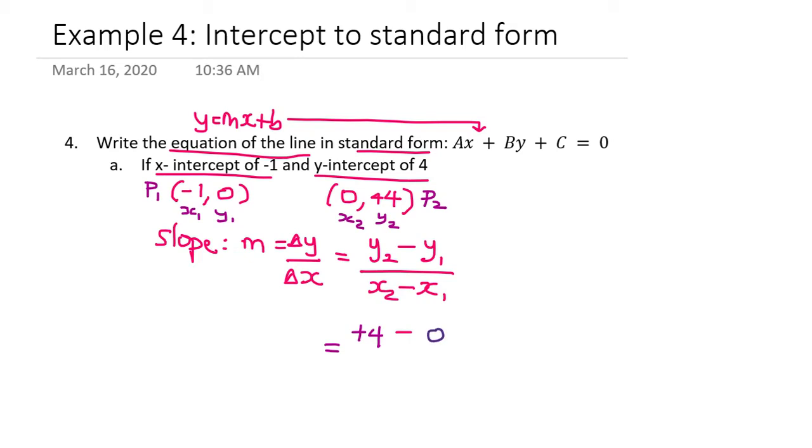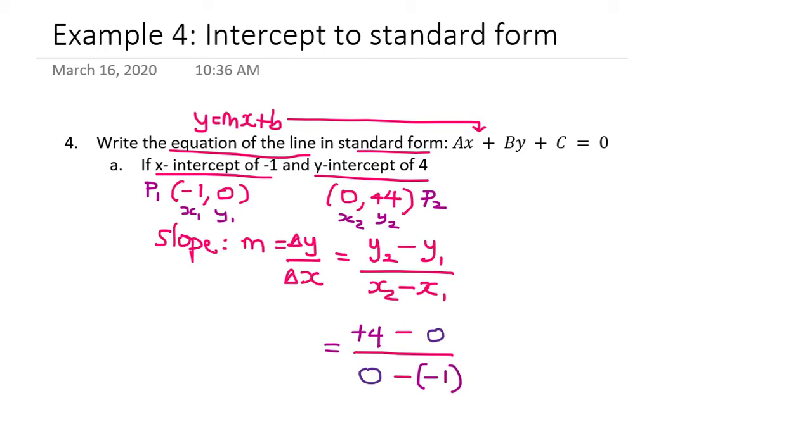And we divide our result by our x change, which means our x2 is 0, minus our x1, and our x1 based on p1 is, don't forget to put your bracket, -1.